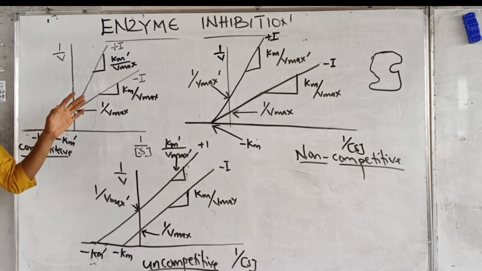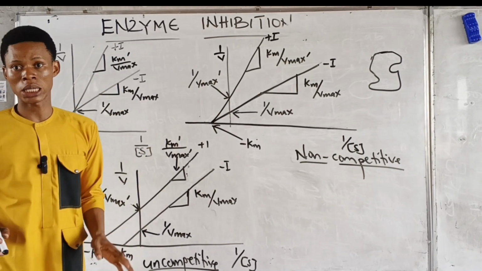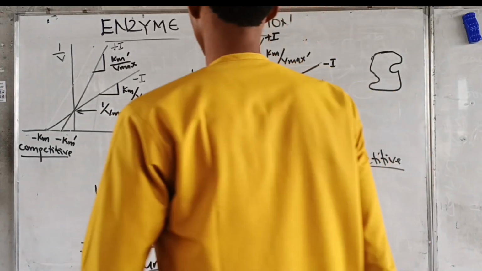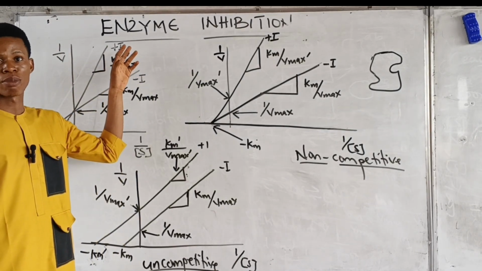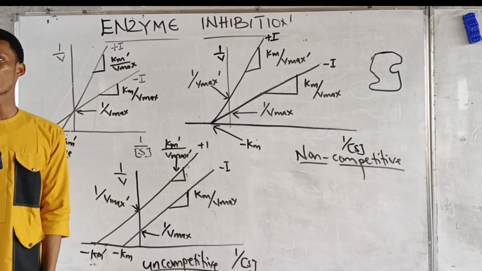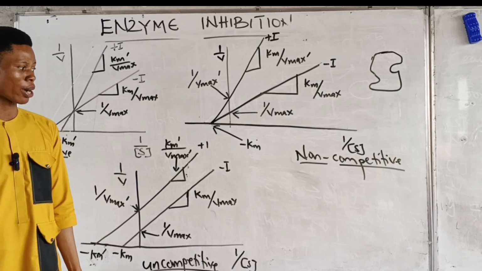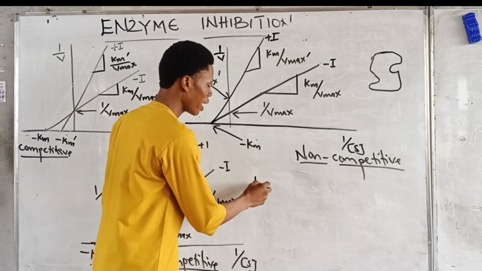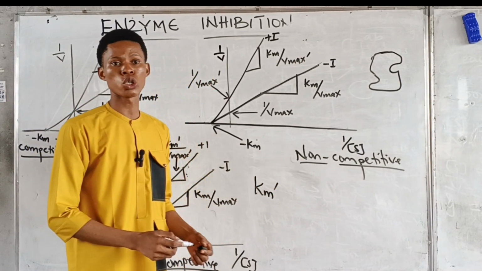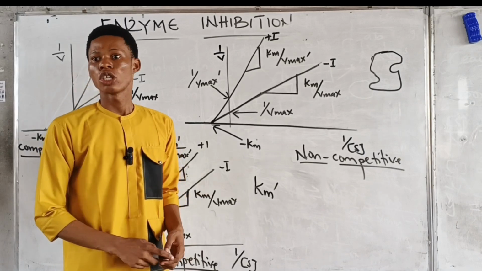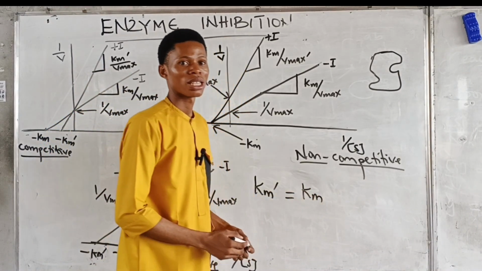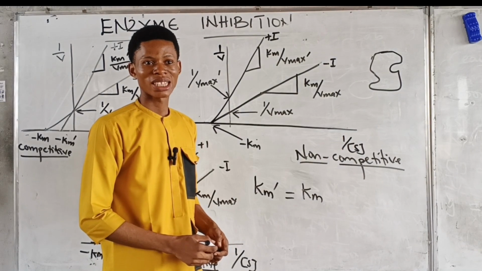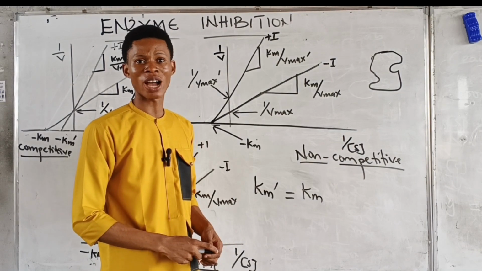For now, we'll leave it as it is. If you look at this, I'm saying Km prime. Prime is used when inhibitor is added, right? So Km prime is the same thing as Km times a factor called the inhibitor factor.